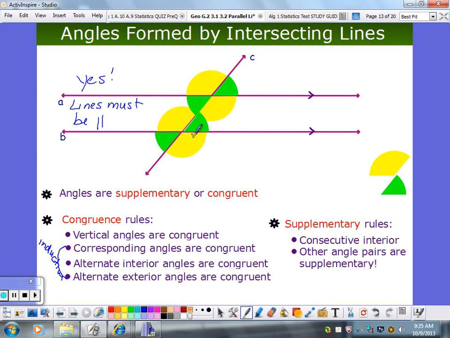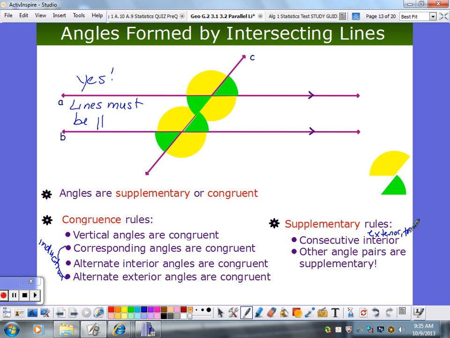What about consecutive exterior? Remember what those are? Same side, but on the outside. What can I conclude about those? Supplementary. So consecutive interior as well as exterior, we can say that. Other angle pairs are congruent.